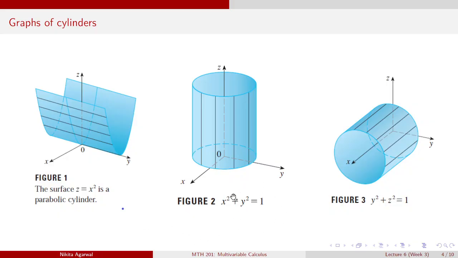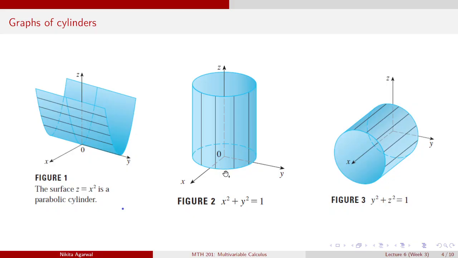Let us look at figure 2. In this figure, z is missing, and this is the first form of those two standard forms on the previous slide. Z is missing, so you put z equal to 0, which is nothing but the xy plane. On the xy plane, x square plus y square equal to 1 is the equation of a circle, centered at origin with radius 1.